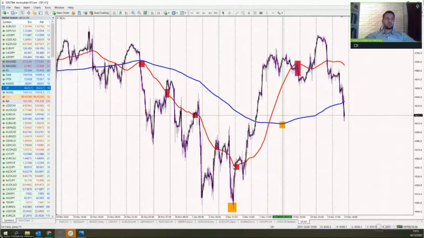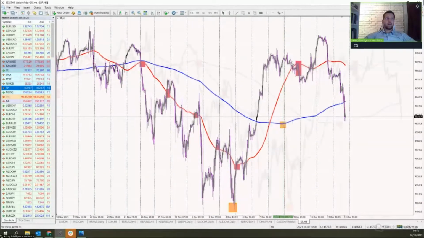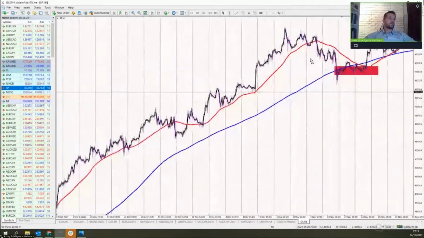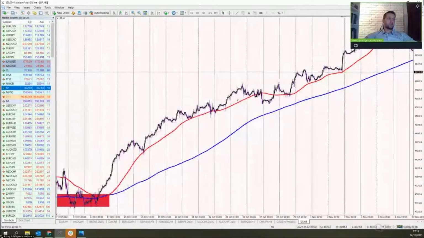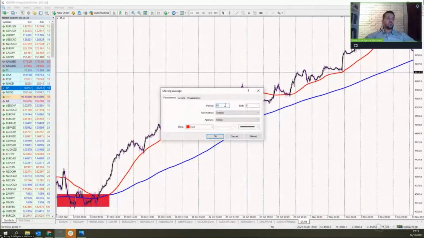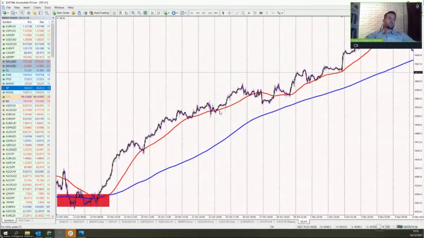So this is 4 ways how we can trade moving averages. First of all, the direction change. Then you have cross of moving average and the price. Then cross of two moving averages, and then you can trade them, treating them as support or resistance. And now it's up to you to decide if you will use 50, or maybe this instrument works better with 44. You can see the change.